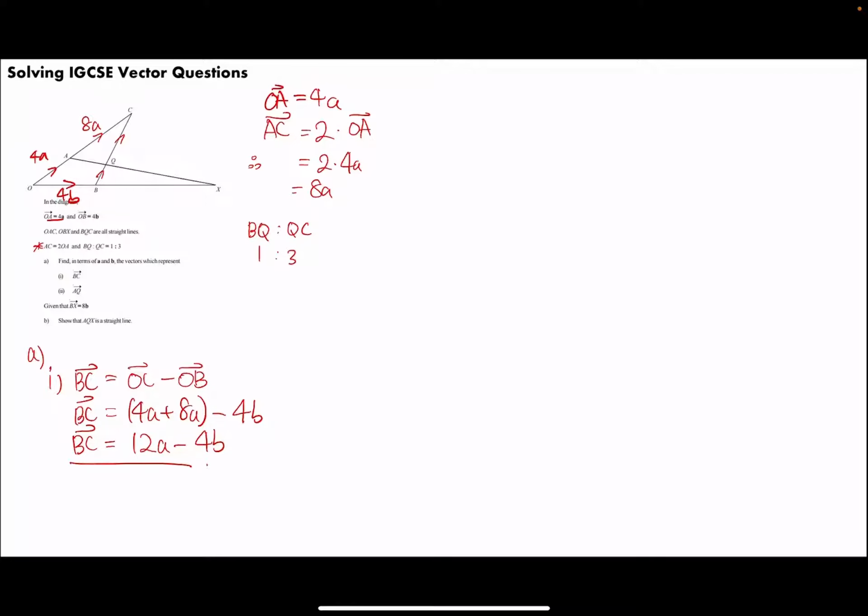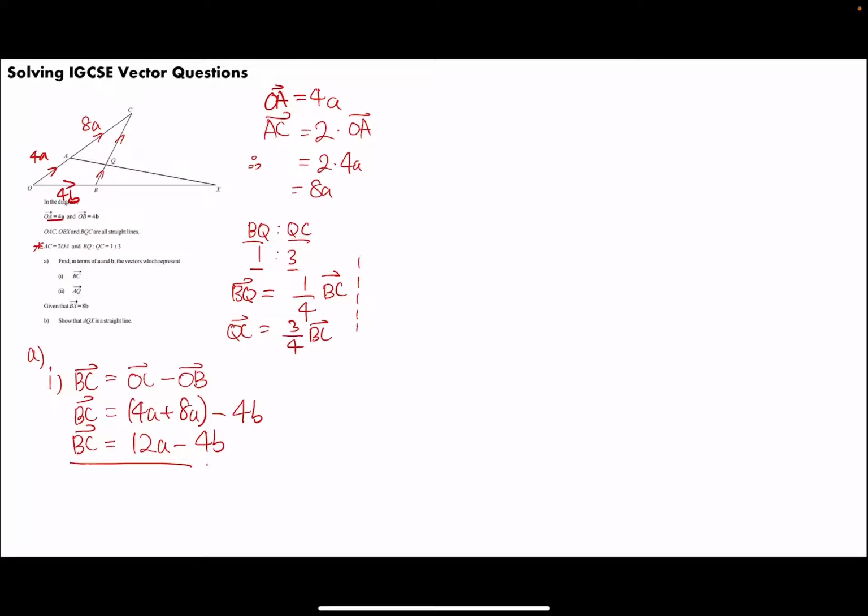Then we can further label the sides. As we know, BQ and QC are in the ratio 1 to 3, so BQ is 1 over 4 of BC, and QC is 3 over 4 of BC.